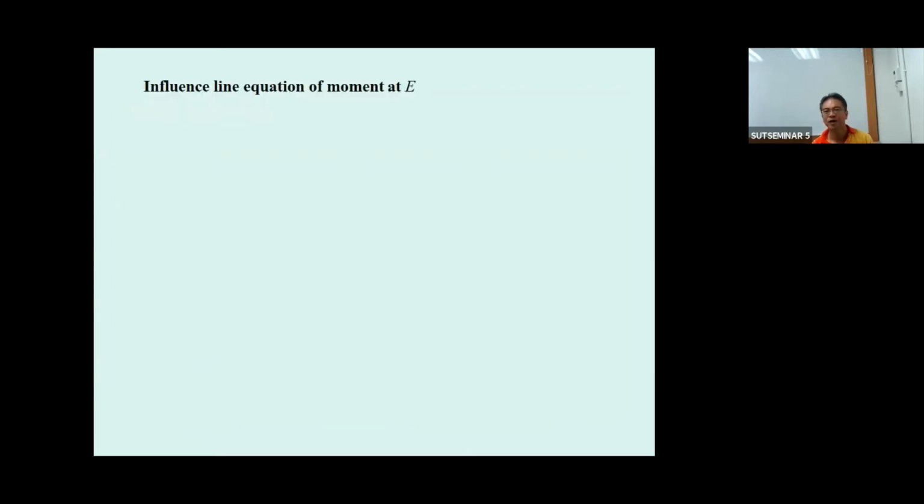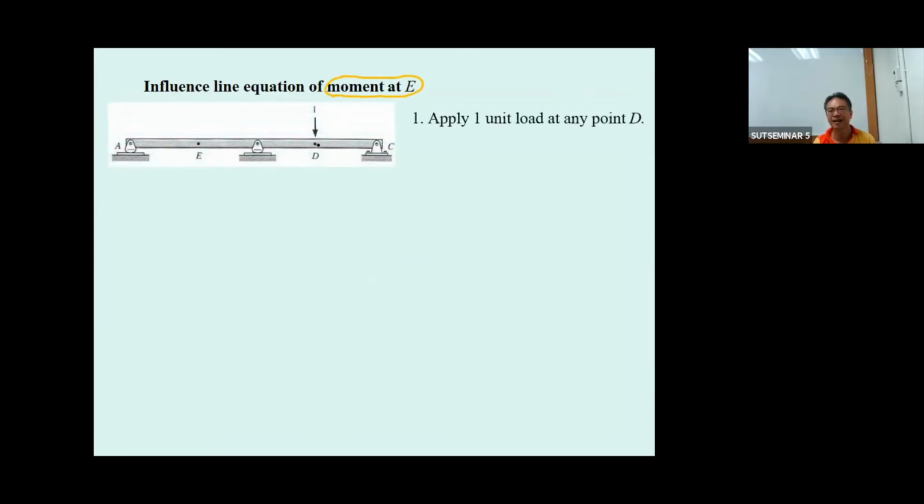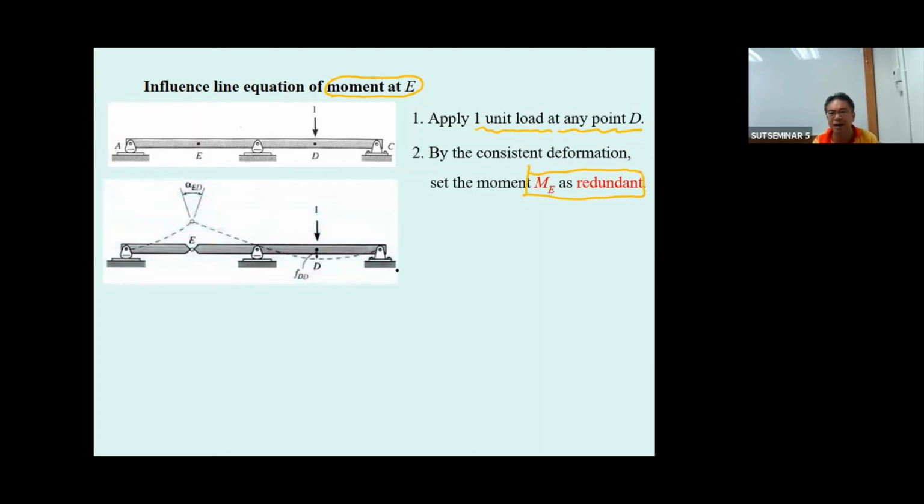Next, influence line for the moment at point E. Again, the beam is statically indeterminate with 1 degree of indeterminacy. You put the loading at point D. Okay, and then what? You use the moment M sub E as the redundant. You have to change the point E into a hinge under the 1.0 unit load.